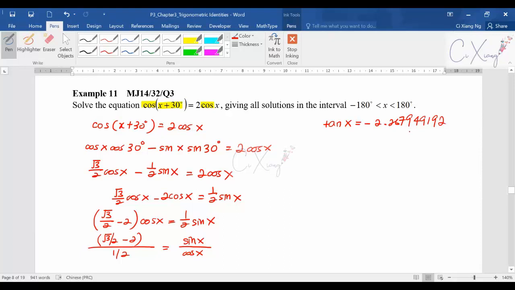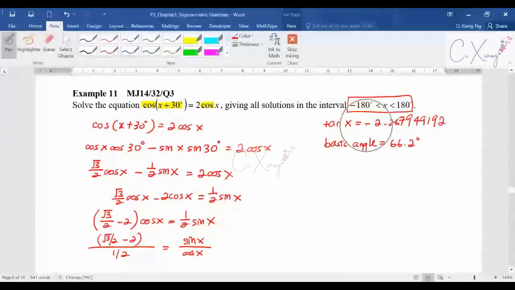Okay, so now again, to find the answer between negative 180 and positive 180, you need to find the basic angle. So what's the basic angle that you have for this equation? You should get 66.2. Again, when you want to get the basic angle, ignore the negative sign when you press the calculator.